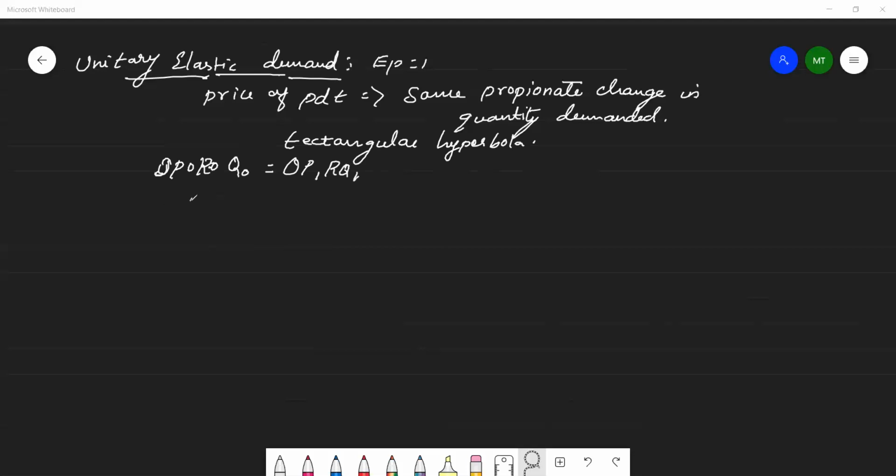Okay, so the diagram. X-axis, y-axis. P1, P0. Q0, Q1. P0 and Q0, then P1 and Q1. Yeah, that's all.